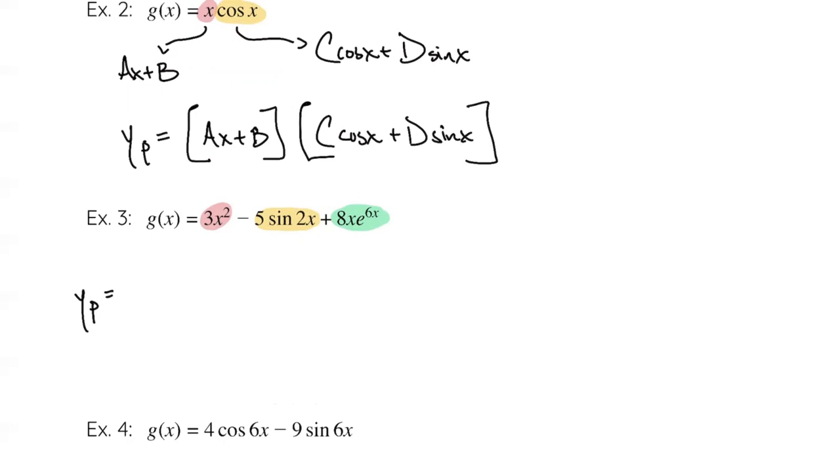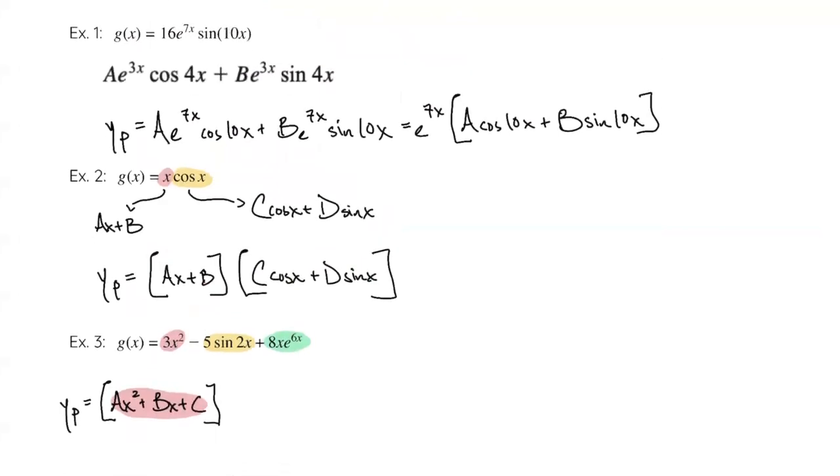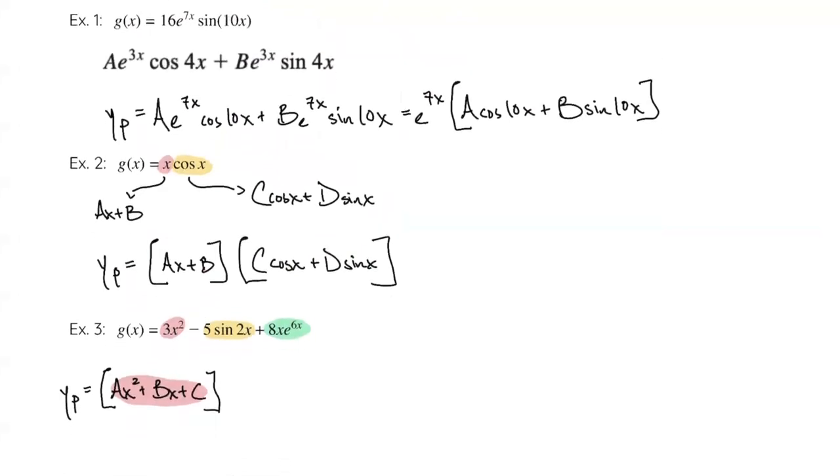Yeah, it's a quadratic. And so we're going to go ahead and make sure we have our ax squared plus bx plus c. All right, so this will correspond to that first term. All right, and then what do we think is going to be a general form for the yellow piece? Well, that's the sine. So it's very similar to that first problem. So we're going to have minus.